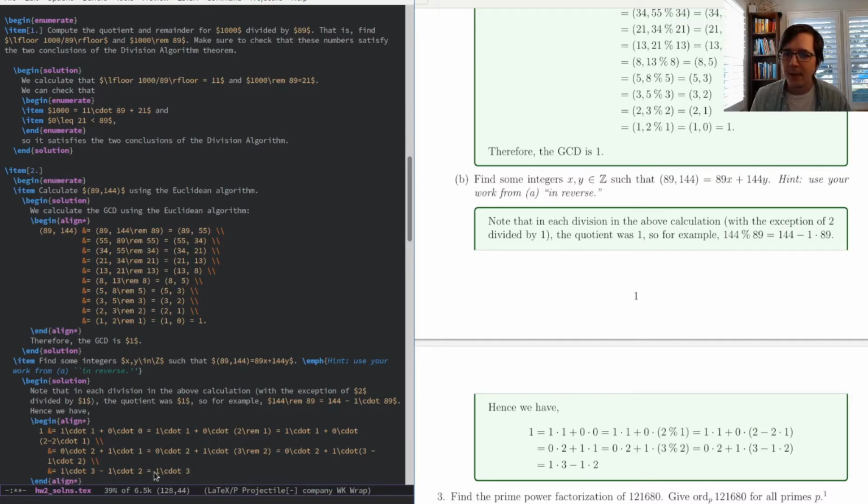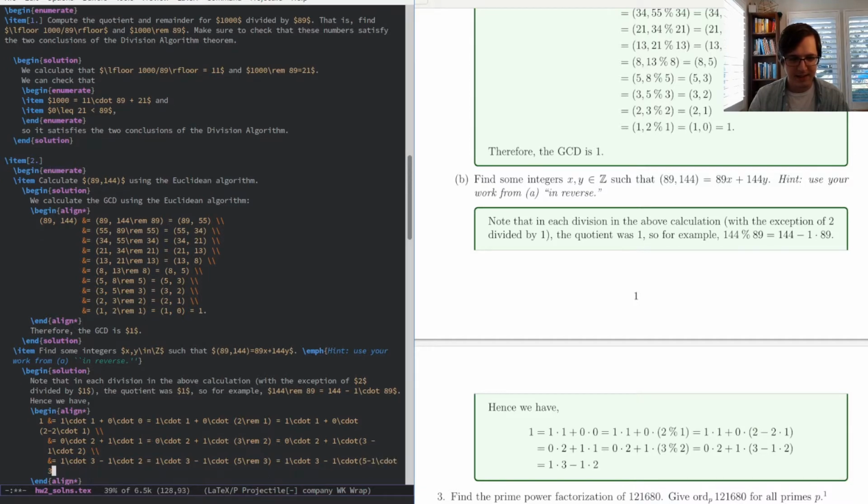So now, what was 2? 2 is 5 mod 3. So 1 times 3 minus 1 times 5 mod 3, which is 1 times 3 minus 1 times 5 minus 1 times 3.